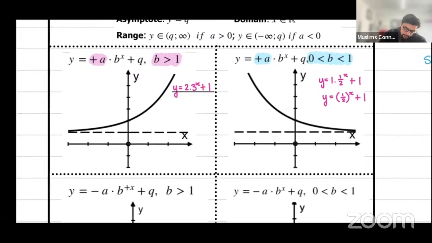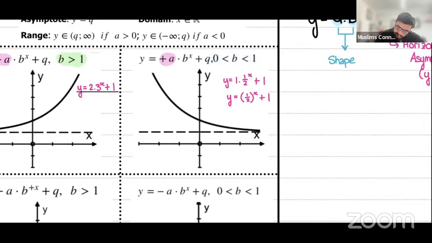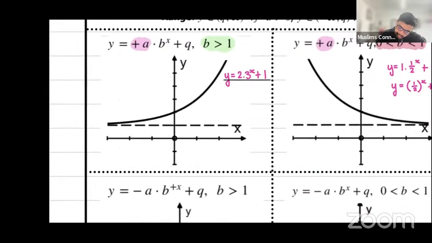And when a is positive, okay, let's just do this. Green. Let's do this. Red. Okay, when a is positive, what does it mean? Let's do this again in blue, sorry.